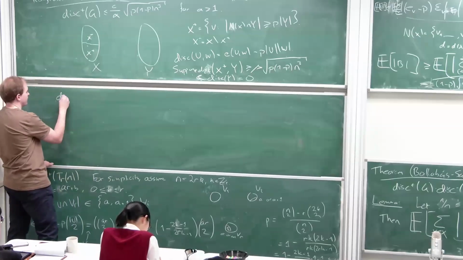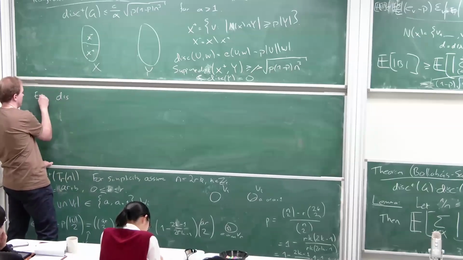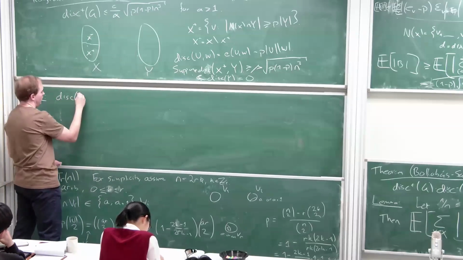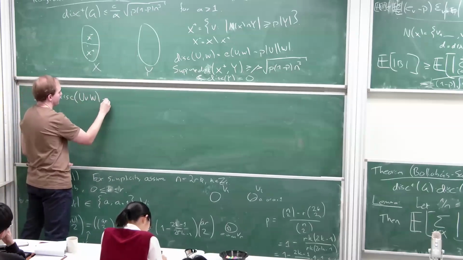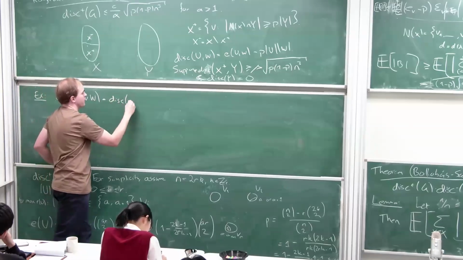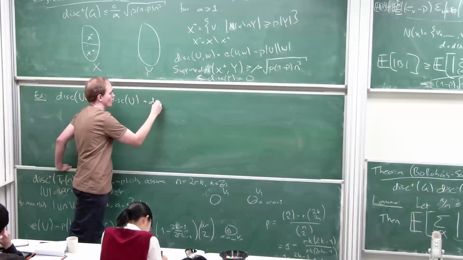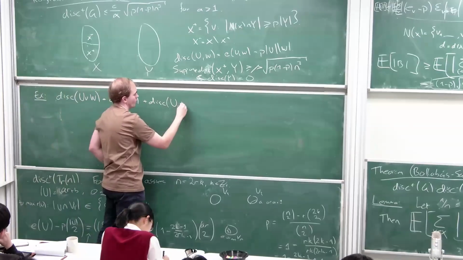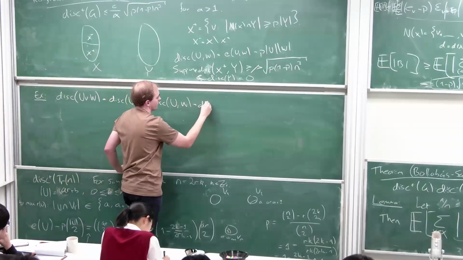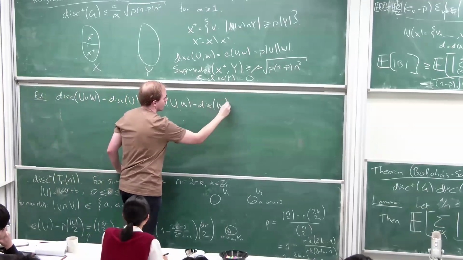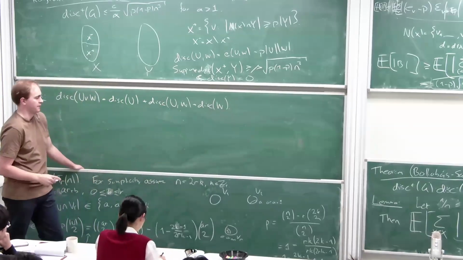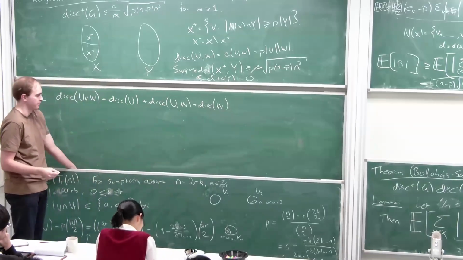So an exercise is to prove that if you have a union of disjoint sets, then this relation holds.